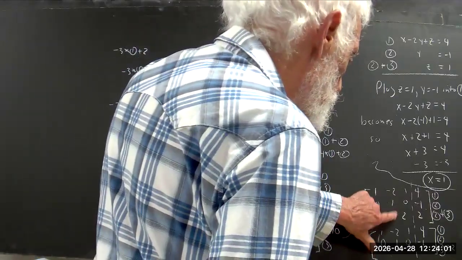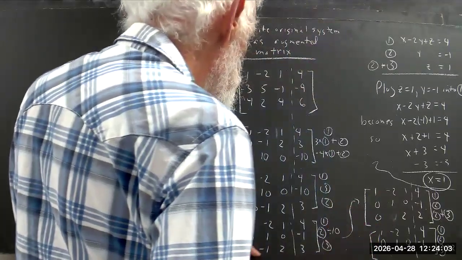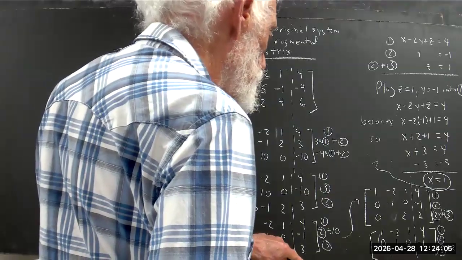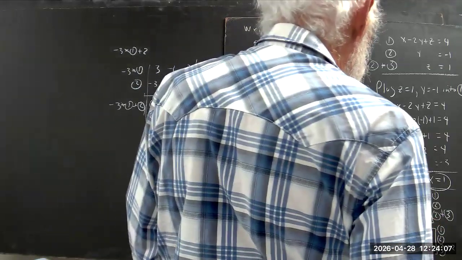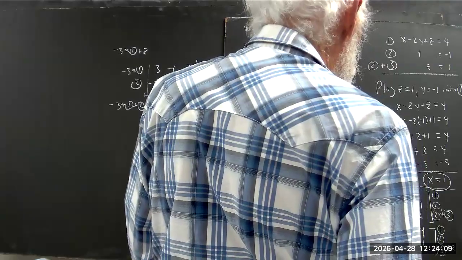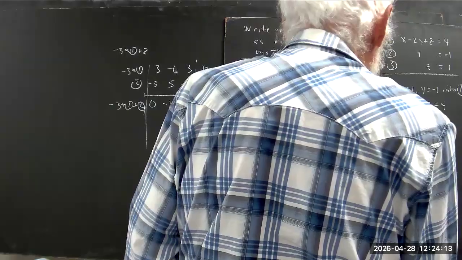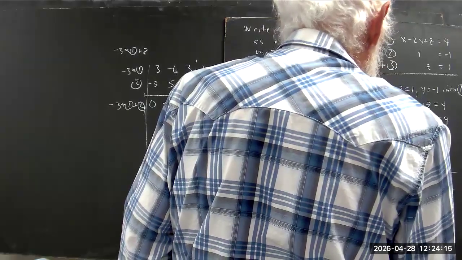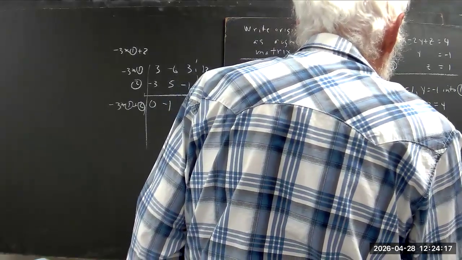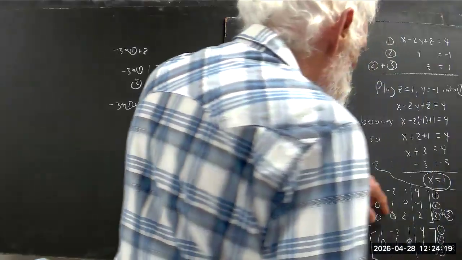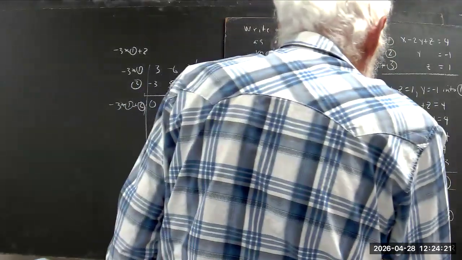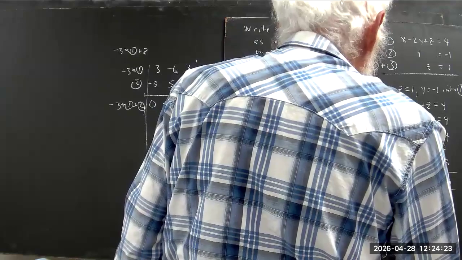When I copied down the third row from before, it was 0, -1, 2, 3. No, never mind. I'm dividing row 3 by 2. It doesn't change this. 0, 0, 2, 2 gives me 0, 0, 1, 1.